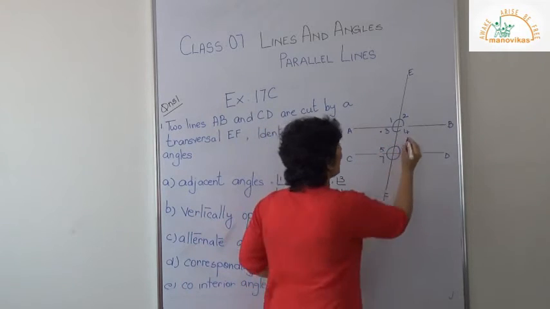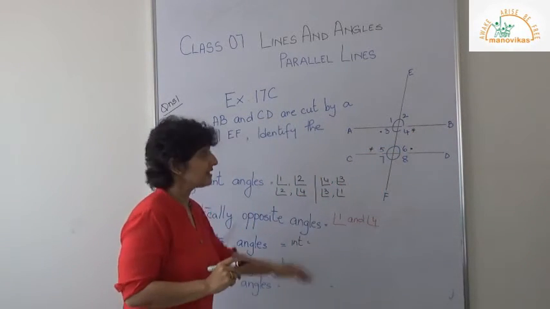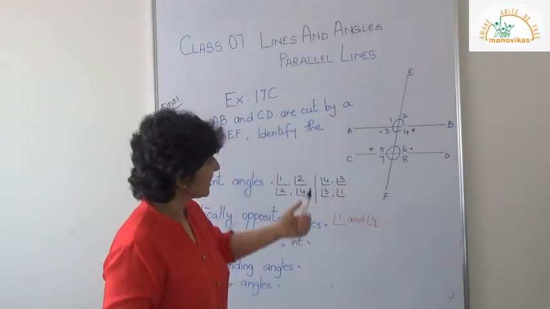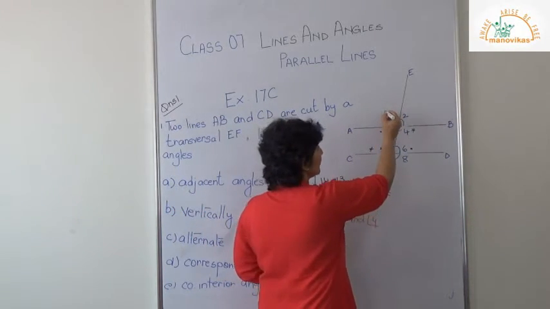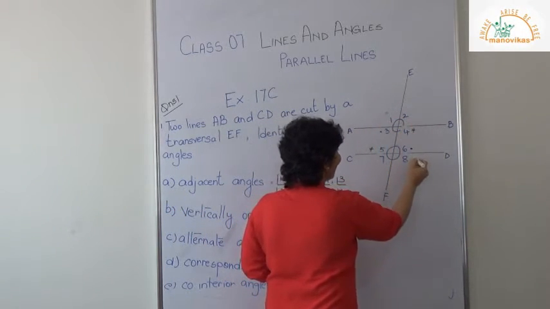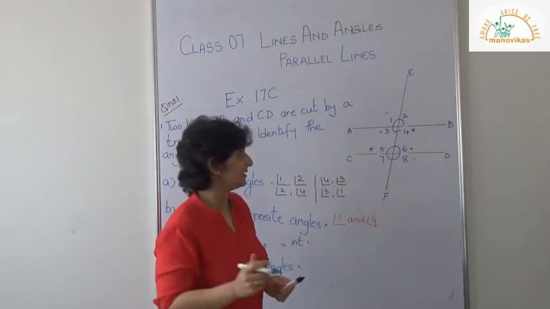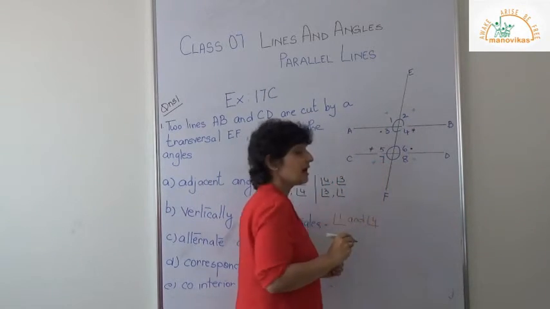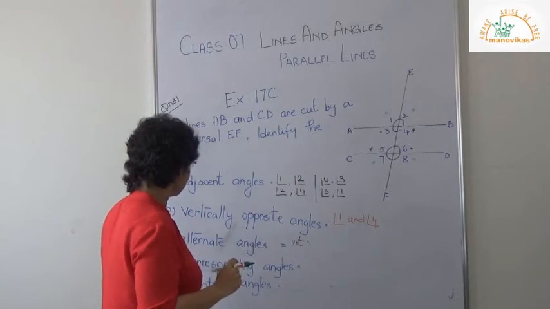And angle 4 and angle 5. Correct? These are your alternate interior angles. And then if I take exterior, angle 1 and angle 8 are alternate exterior angles. And angle 2 and angle 7 are also alternate exterior angles.